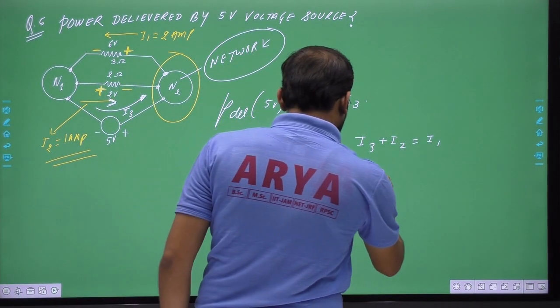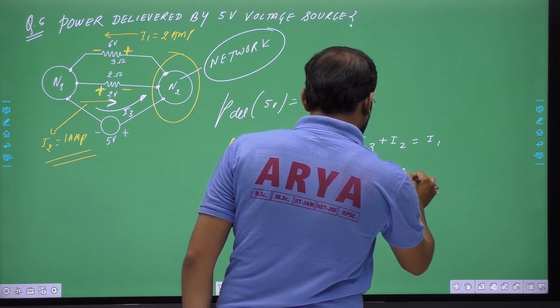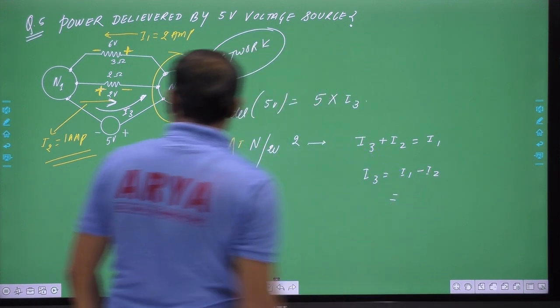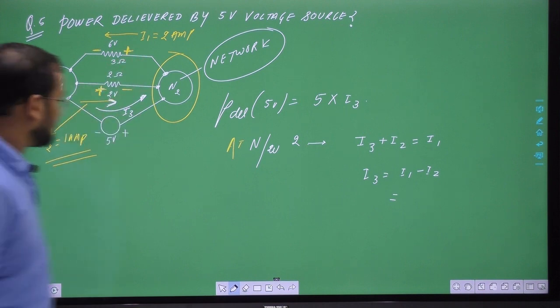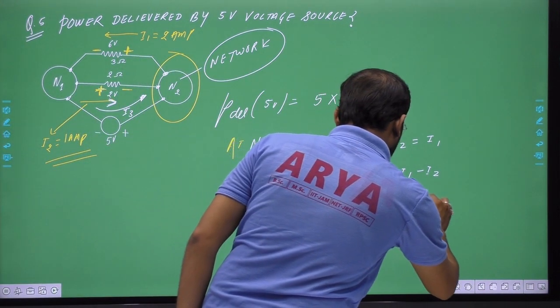What is the value of I3? I3 is equal to I1 minus I2. The value of I1 is 2 ampere and I2 is 1 ampere, so we will have the value 1 ampere.